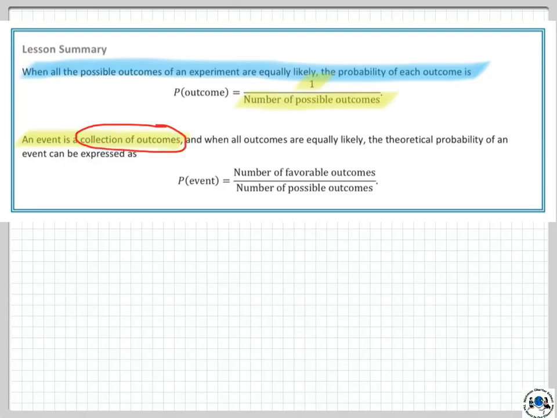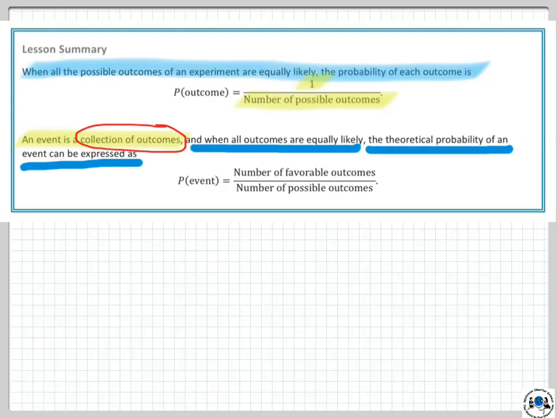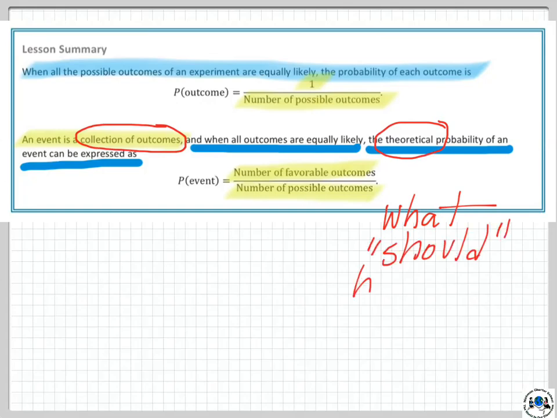And an event is a collection of outcomes. That's an entire event, the whole collection of all the outcomes. And when all the outcomes are equally likely, the theoretical probability of an event can be expressed as the number of favorable outcomes over the number of possible outcomes. And of course, theoretical is what should, in quotes, happen.